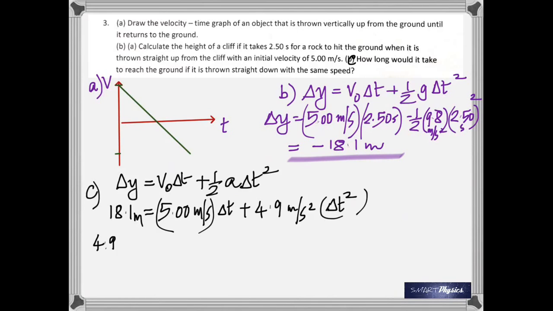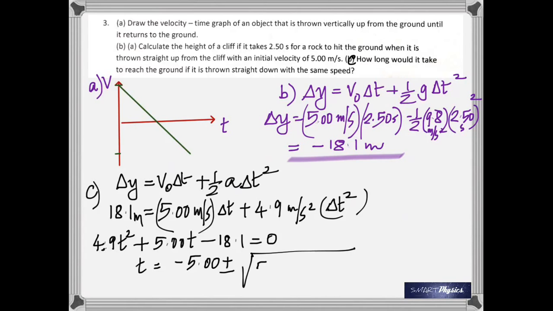Okay, and when you rearrange and calculate, you get a quadratic equation here. And to find the root of a quadratic equation, just look at the video for Basic Math Part 2.